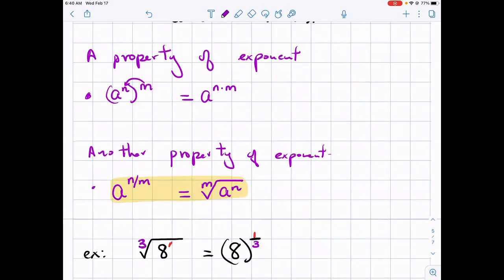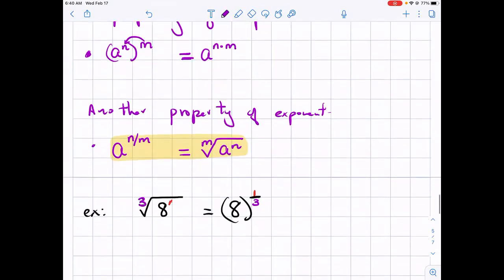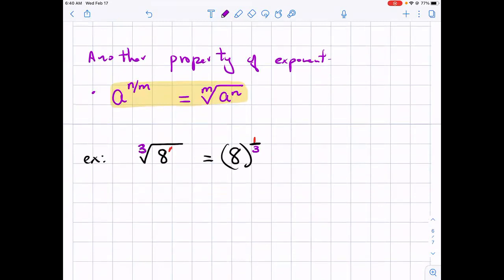If we look at one of the properties of exponents, we have a to the n power raised to some mth power, that is equal to a to the n times m. Another property is a to the n over m power.